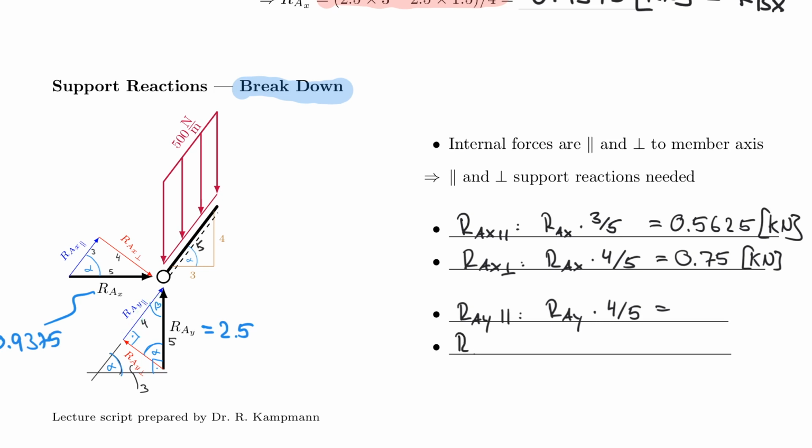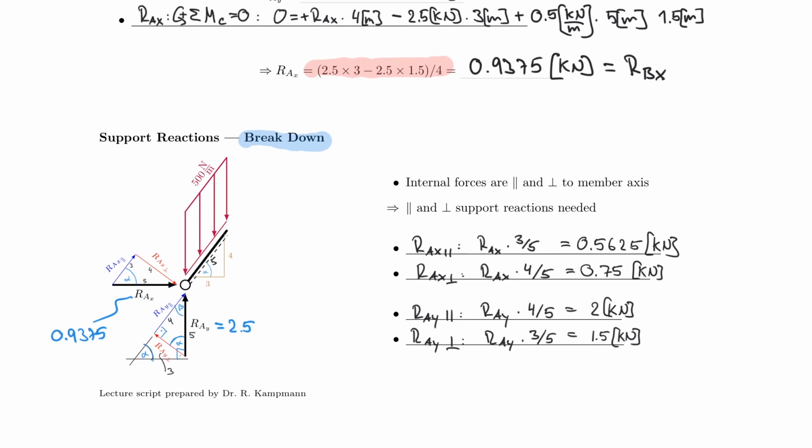And my RAY perpendicular must be the opposite, of course, RAY multiplied by 3 divided by 5. And so if I solve these, I get effectively 2 kilonewton for the parallel component, and I get 1.5 kilonewton for the perpendicular component.